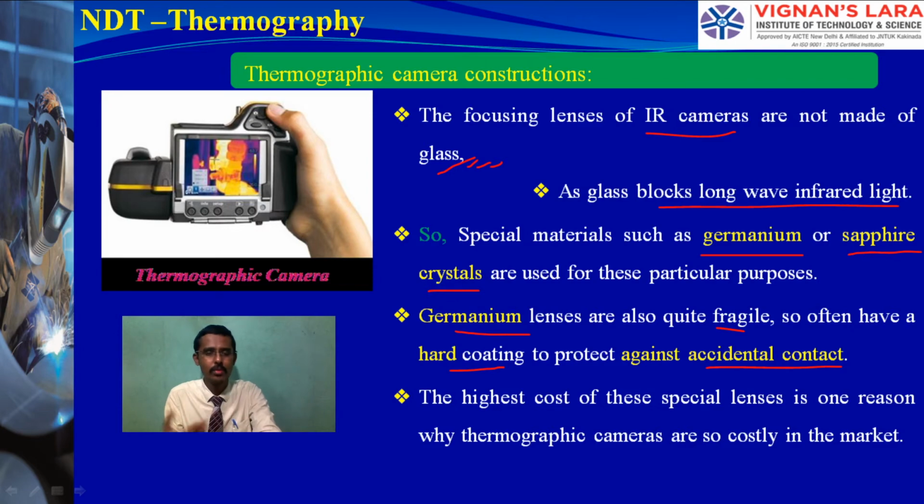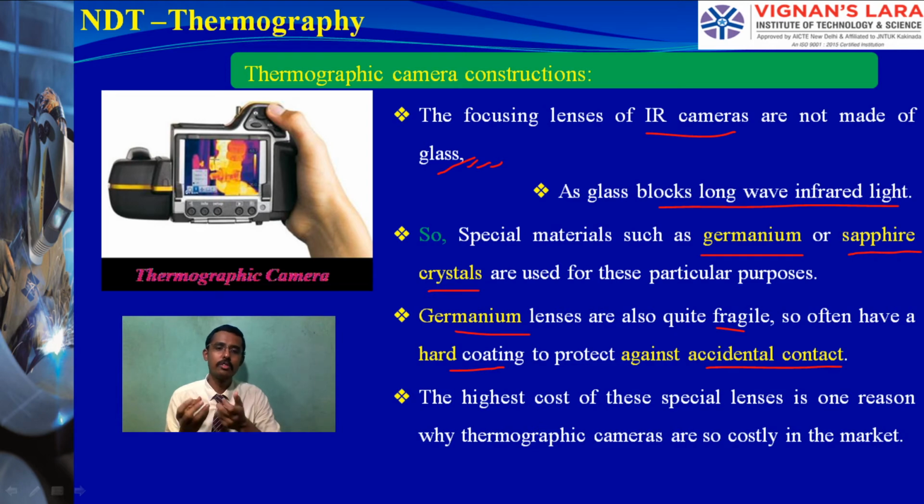A normal camera we can purchase for 30-50 thousand, very good digital cameras, but these infrared cameras are costlier than that because they work at higher temperatures. Our aim is to measure the working condition, not of specimens at room temperature.